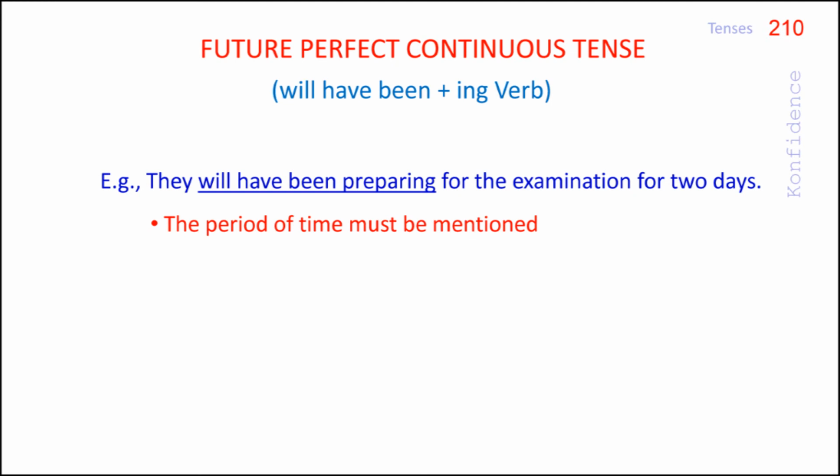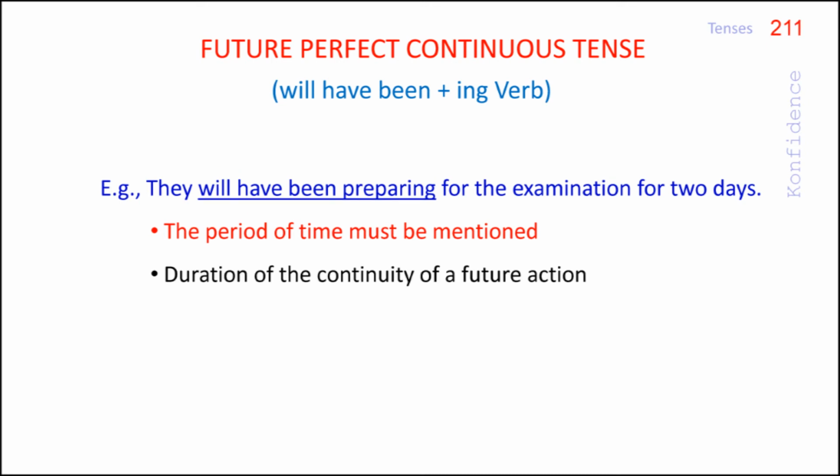In future continuous, we need not mention the duration of time. But in future perfect continuous tense, the period of time must be mentioned. The example clearly expresses the duration, that is, 2 days, of the continuity of a future action by the subject they.